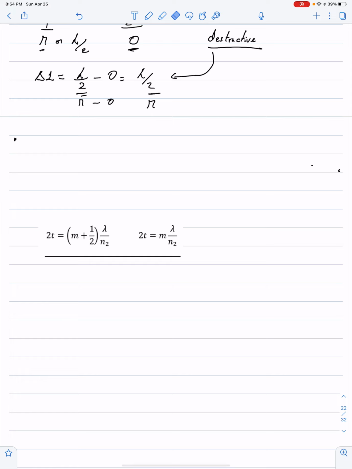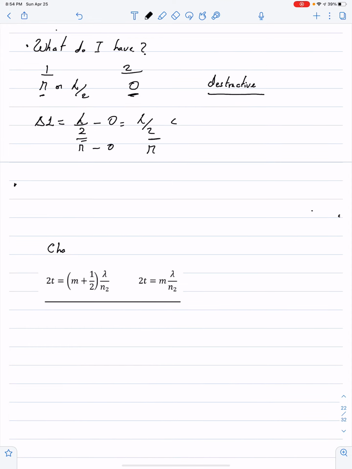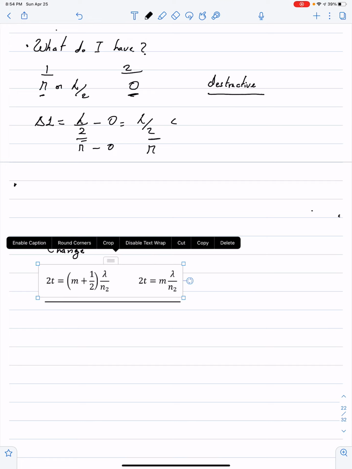If you are given the destructive interference wavelength and they're asking you to change it to constructive, this is your method of finding the constructive interference.